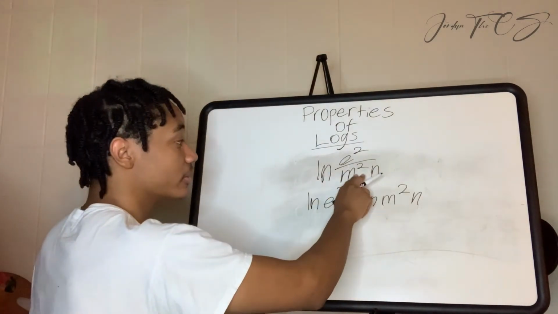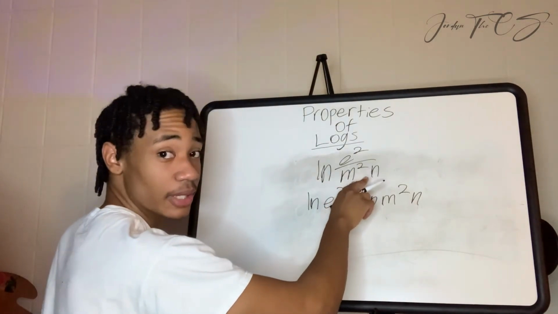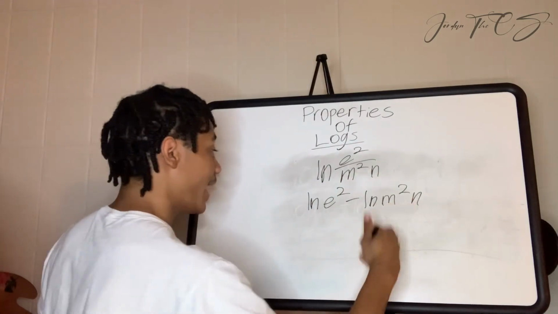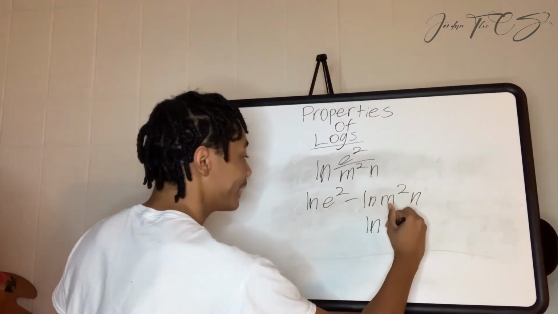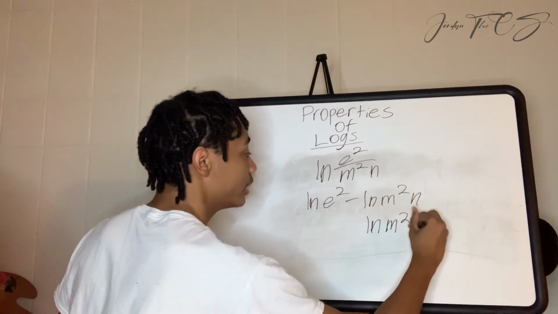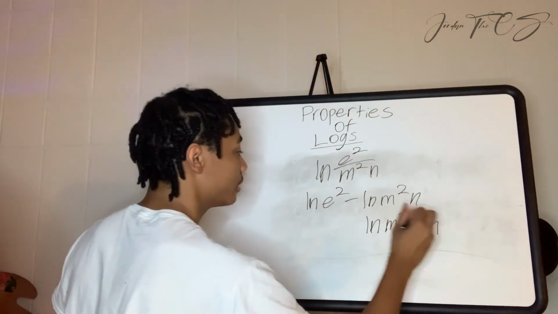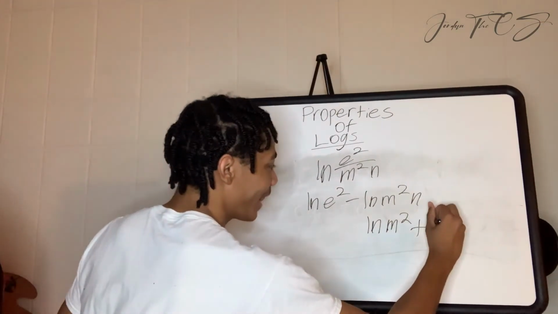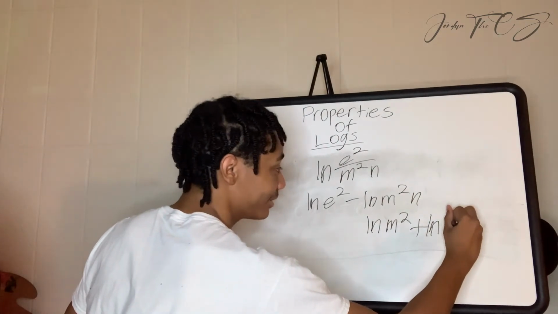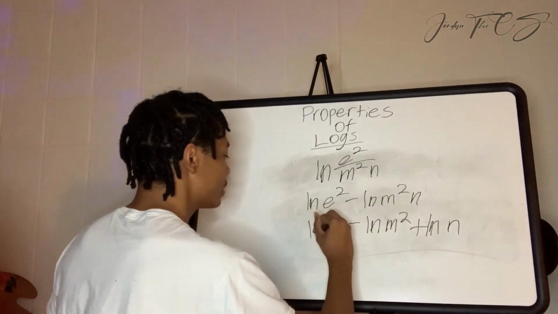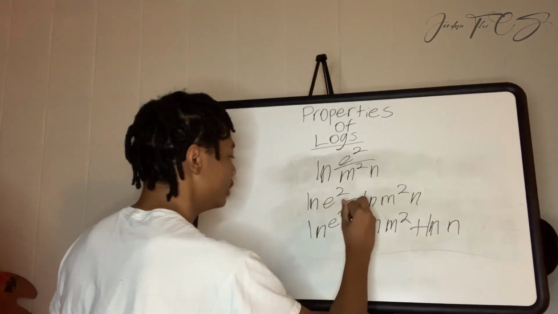Now, since both of these are in the denominator and you can see that they're multiplied, then these two are going to be added. So you have ln m squared plus ln n, my bad guys, minus ln e squared.